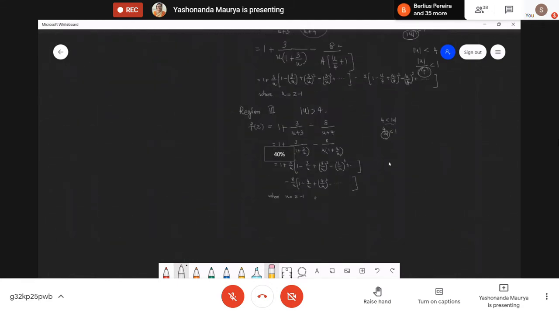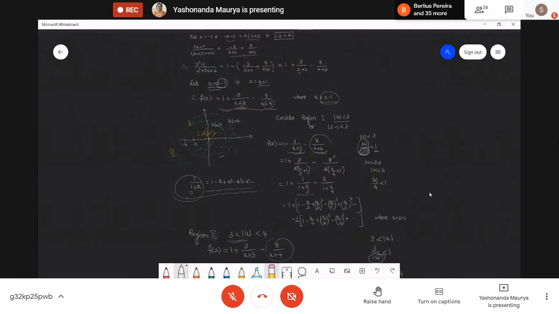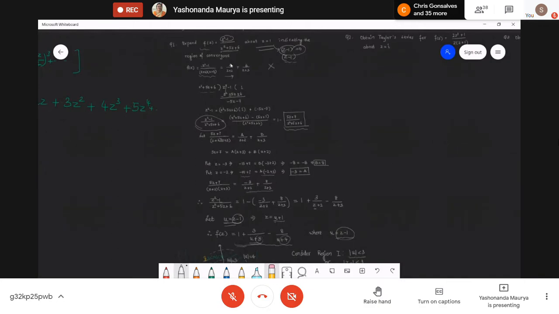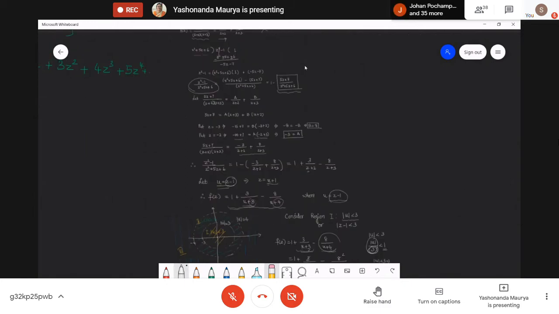So what have we done here? It was exactly similar to what we had in the previous case. Only thing was that instead of 0 now it is z equal to 1 that is appearing.